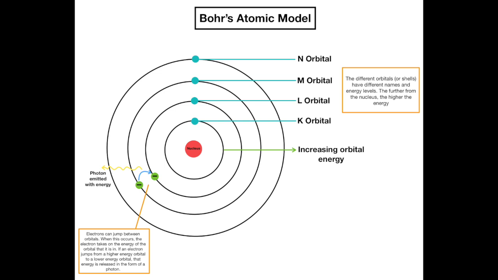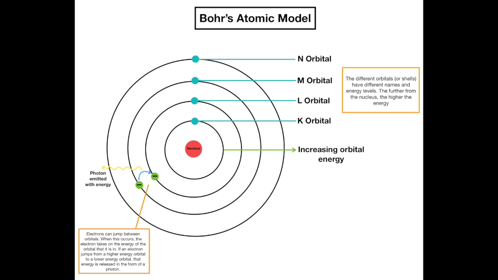And therefore, the value of that electron's potential energy was dependent upon its distance from the nucleus, because, of course, the electron and protons in the nucleus are attracted to each other, so in order to move the electron to a higher orbit, you needed to exert energy. You needed to pull it away, if you like. So the further the electron was away from the nucleus, the more potential energy it had.